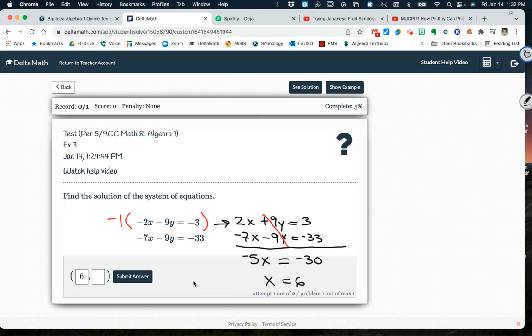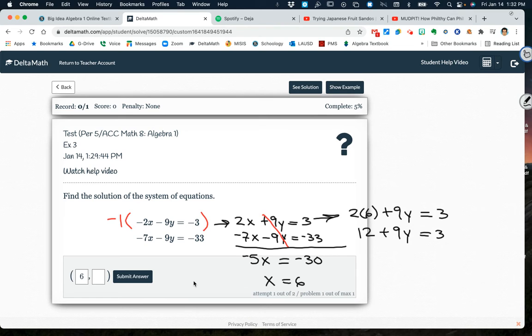I think I'm going to pick this one, 2x plus 9y equals 3. Take that equation, replace, instead of 2 times x, make it 2 times 6. Plus 9y. So it doesn't matter which equation. Remember we talked about that last semester? Make this 12 plus 9y equals 3.